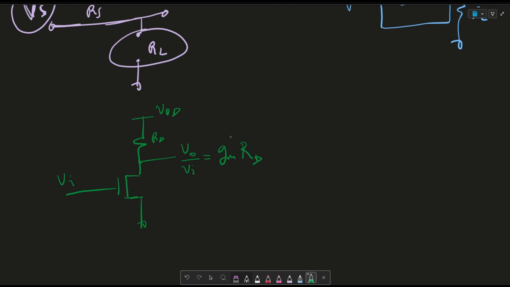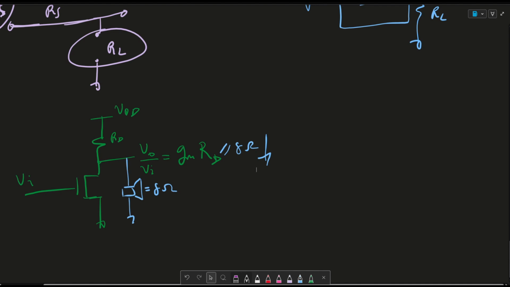All right, and this is a pretty high gain. Now, if you were to attach something like a speaker here, which is around 8 ohms, this would be in parallel with 8 ohms, and it would drop this gain. So this gain would drop down.